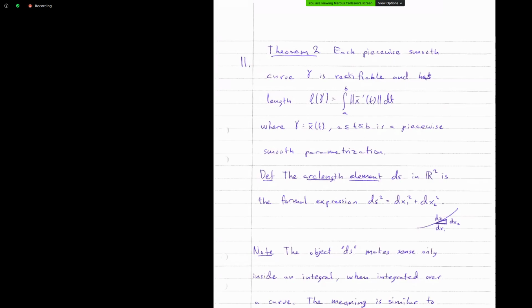So to think of a graph as a parameterized curve, you just set x1 of t to be equal to t and x2 of t to be equal to f of t. Right. And then, if you want to know what's the length of this graph, I write it here, sorry for the bad disposition of the blackboard.